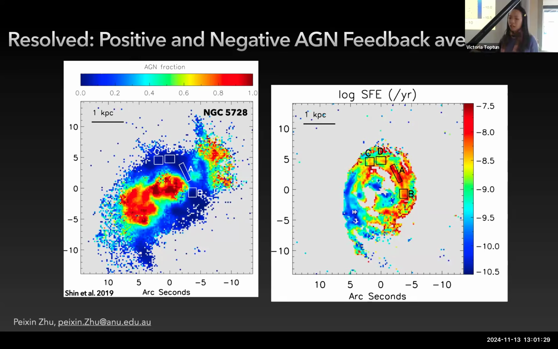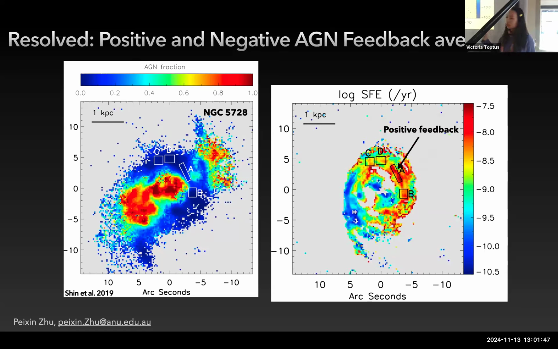By comparing the left and right figures, you can see region A, which has very low AGN fractions and a very high star formation fraction. In this area, there is very high star formation efficiency.